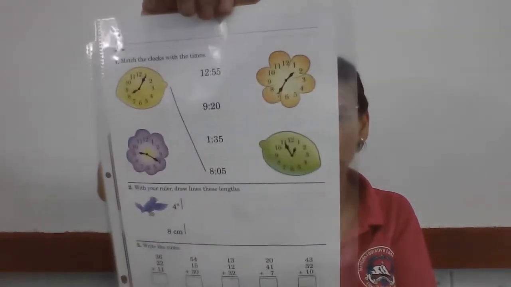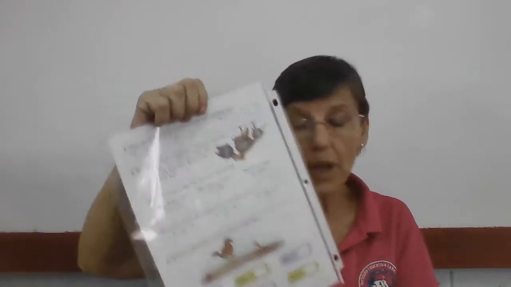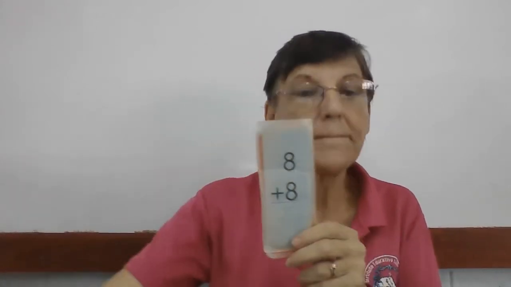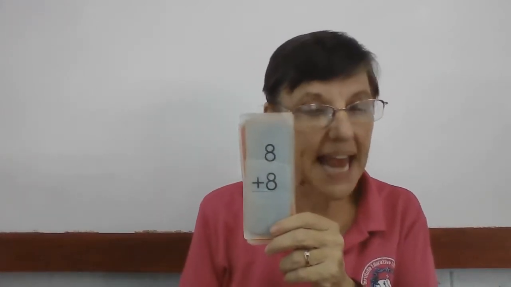We're going to need page 293, page 294. So let's start at the top of page 294. Are you ready? Okay, A is 13 minus 8. B, 8 plus 8.